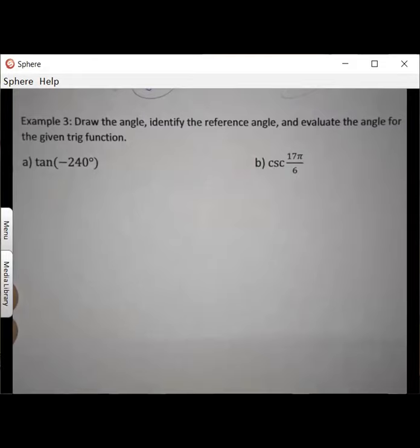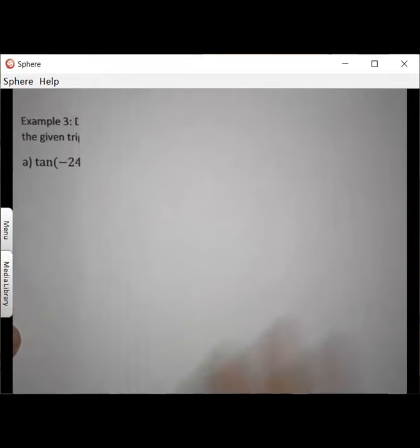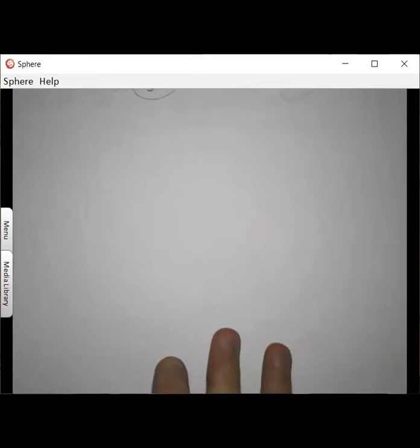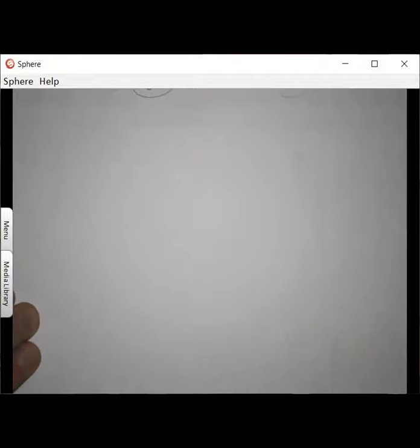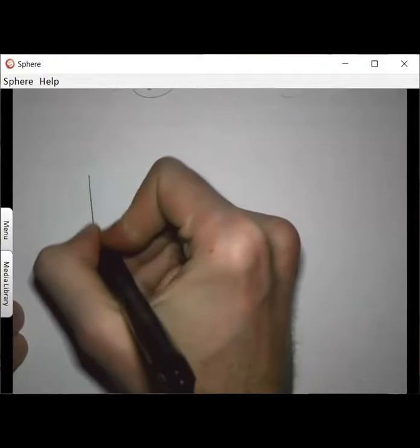Now, before we jump into that, there's a couple things that are going to be really useful. One of them is, again, your unit circle. Make sure you always have that. And then there's a couple other things I want to show you. So real quick about the unit circle.